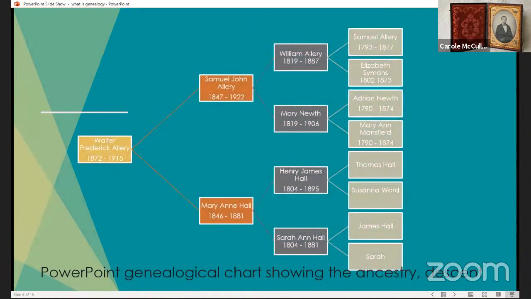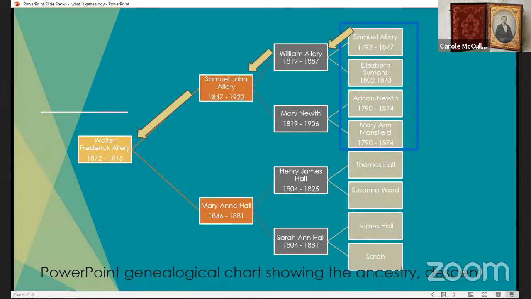You can show this using a PowerPoint genealogical chart with information about the people from whom that person was descended. So here we have my grandfather again, Walter Frederick Ellery, and he is descended from Samuel Ellery to William Ellery, from William Ellery to Samuel John Ellery, to Walter Frederick Ellery.